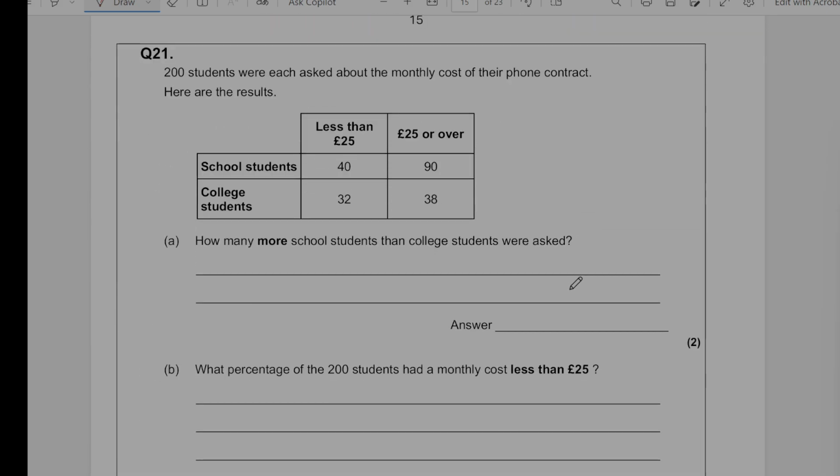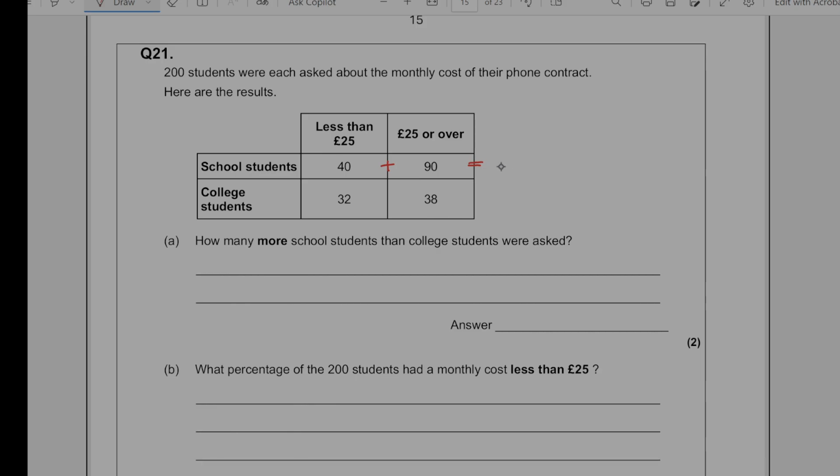Okay, question 21. 200 students were each asked about the monthly cost of their phone contracts. Here are the results. So school students, college students, less than £25 and £25 or over. How many more school students than college students were asked? Okay, so we need our totals for school students.